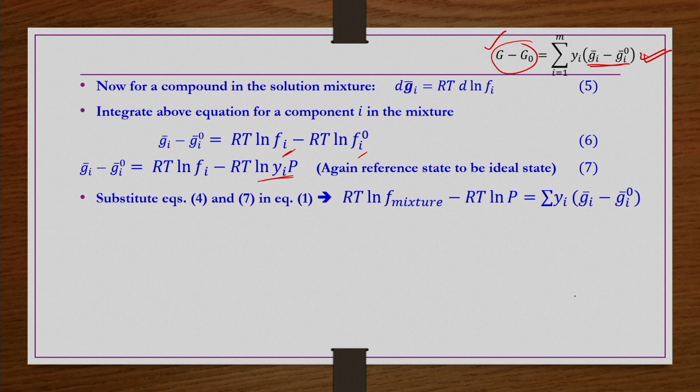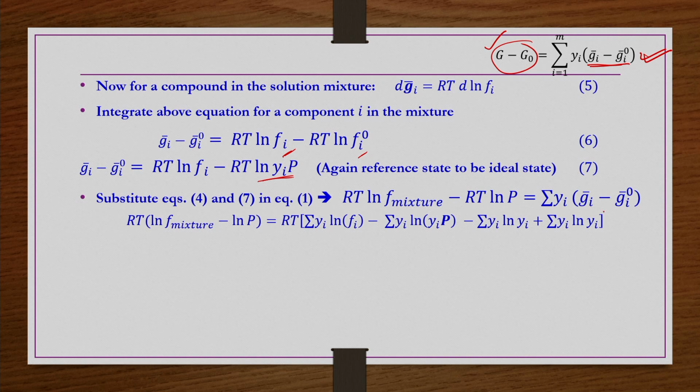So this is what we have: RT ln f mixture minus RT ln P is equal to sigma yi times (Gi bar minus Gi bar naught). That means this Gi bar minus Gi bar naught is nothing but RT ln fi minus RT ln yiP, right.